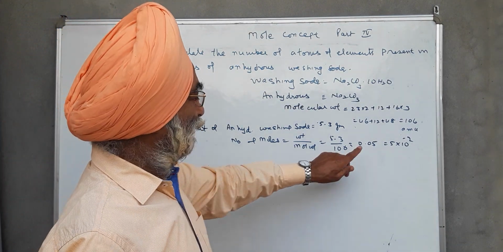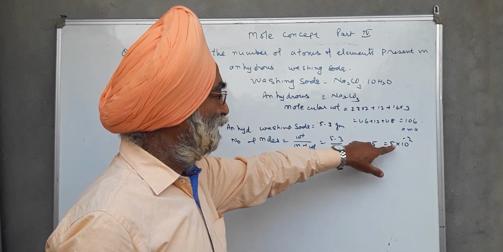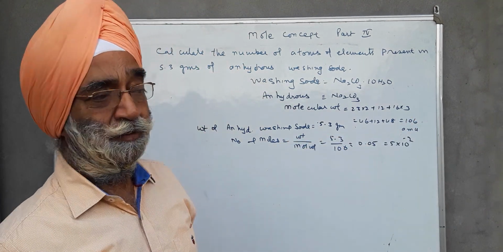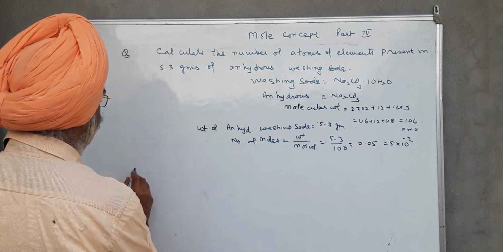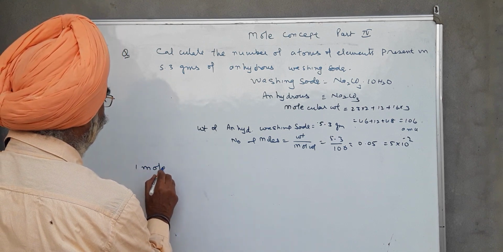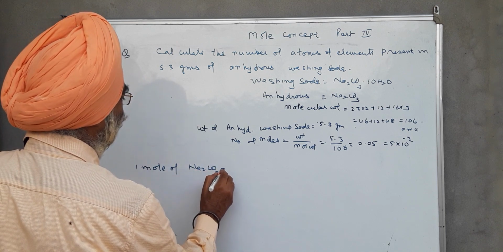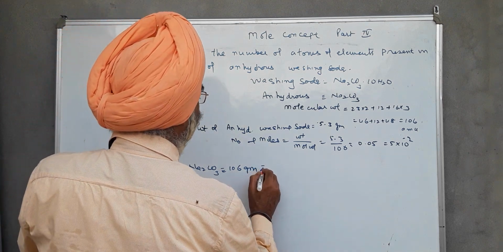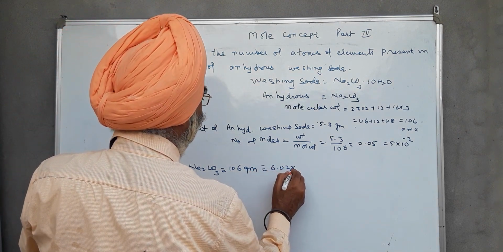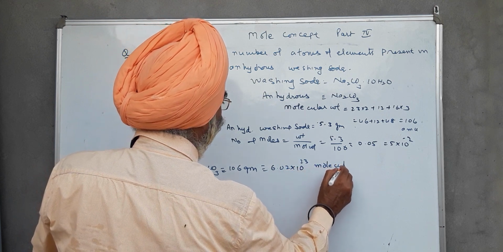The decimal is followed by 2 digits, so it is 10 raised to the power minus 2. 1 mole of sodium carbonate is 106 grams. It is 6.02 into 10 raised to the power 23 molecules.